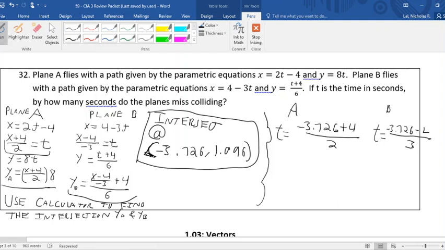So we should plug this into our calculator, and you should get t is equal to 0.137 and 2.575.